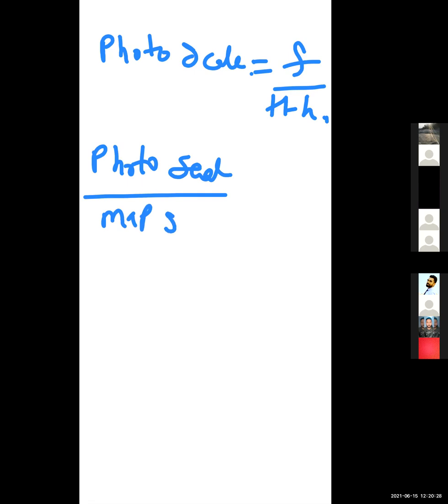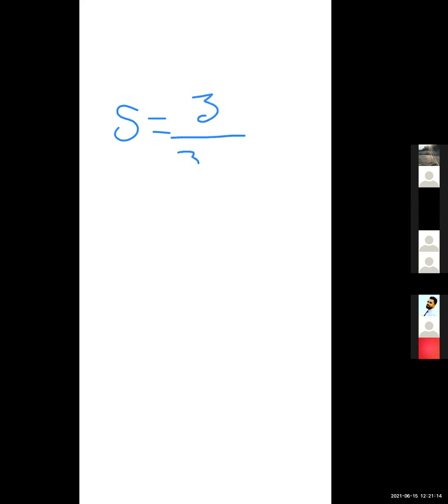The photo distance is given, 12 centimeter, so the scale of the photograph is equal to 3 by 35,000. This is the value of the scale of the photograph, and the photo scale is also equal to F by H minus H average.